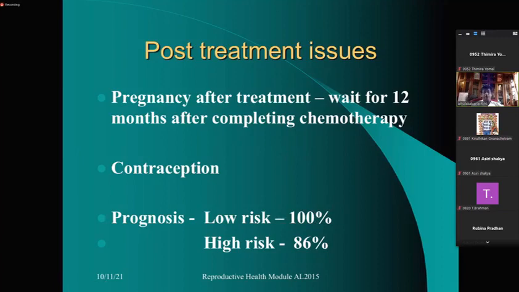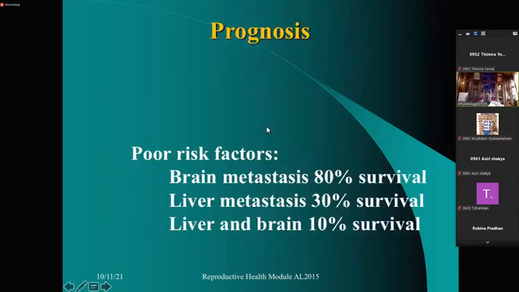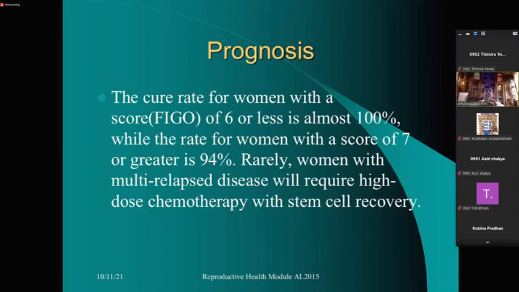I showed you the chart, the risk categorization: if your score is less than 6, your survival is almost 100% with chemotherapy, of course. But if you have a higher score, still over 94% of people do survive. So this is a cancer which has a fairly good prognosis.